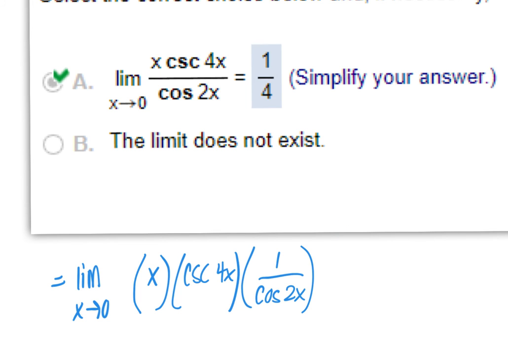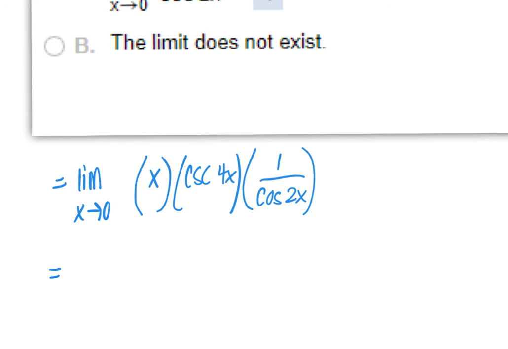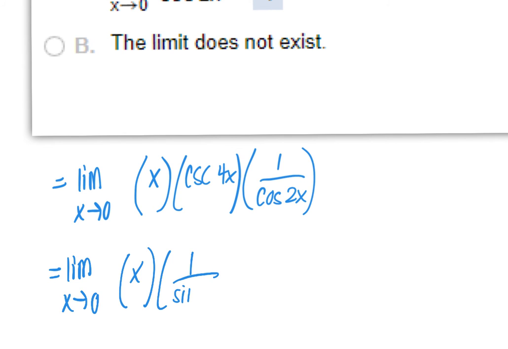So I am going to rewrite the cosecant function in terms of sine and cosine. Cosecant is equal to 1 over the sine.